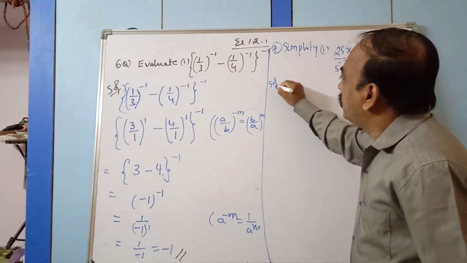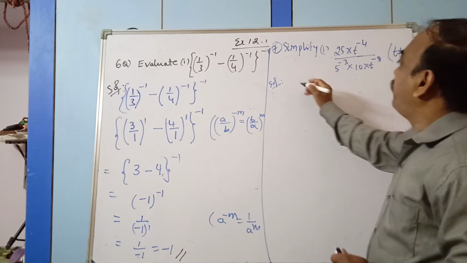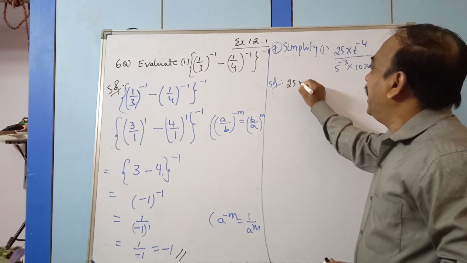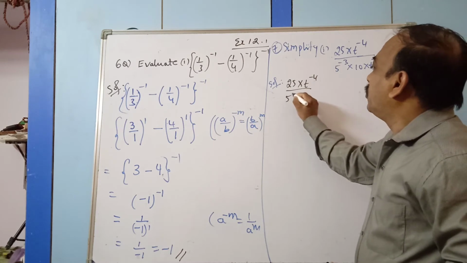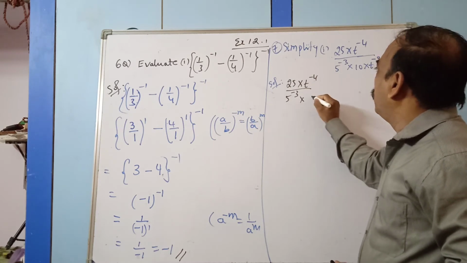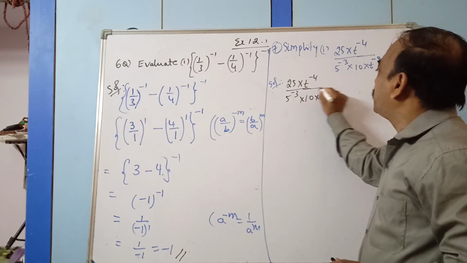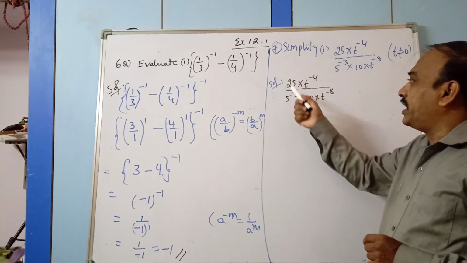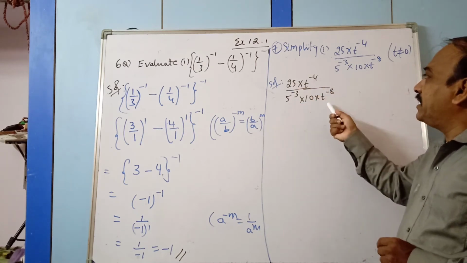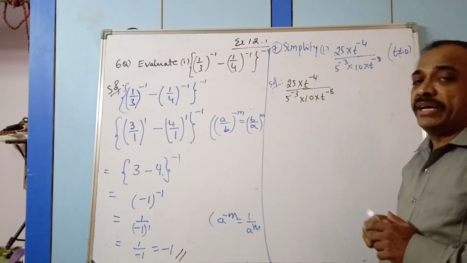So when it comes to the solution part, look, (25 t^-4)/(5^-3 · 10 t^-8). Observe it carefully. In the numerator and denominator we have 25 and 5, and t and t, these bases are the same. But here we have 10, here 5, here 25.